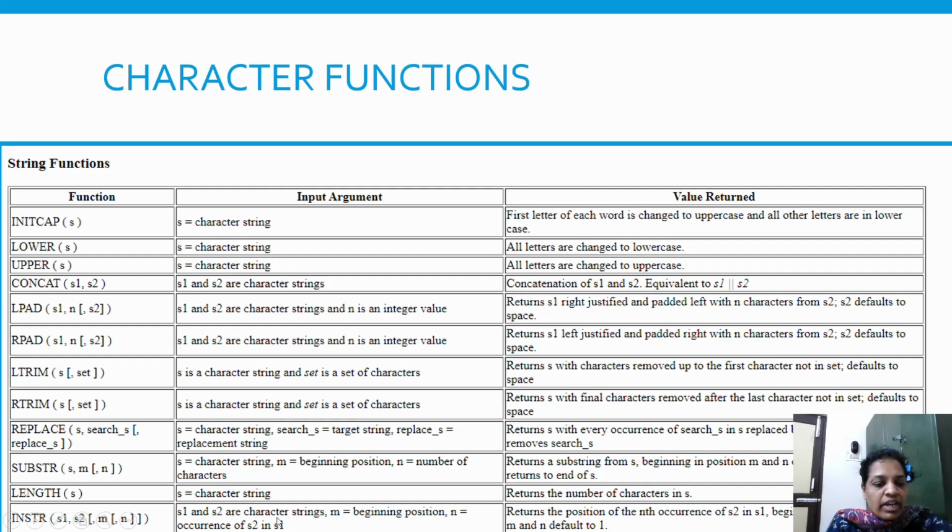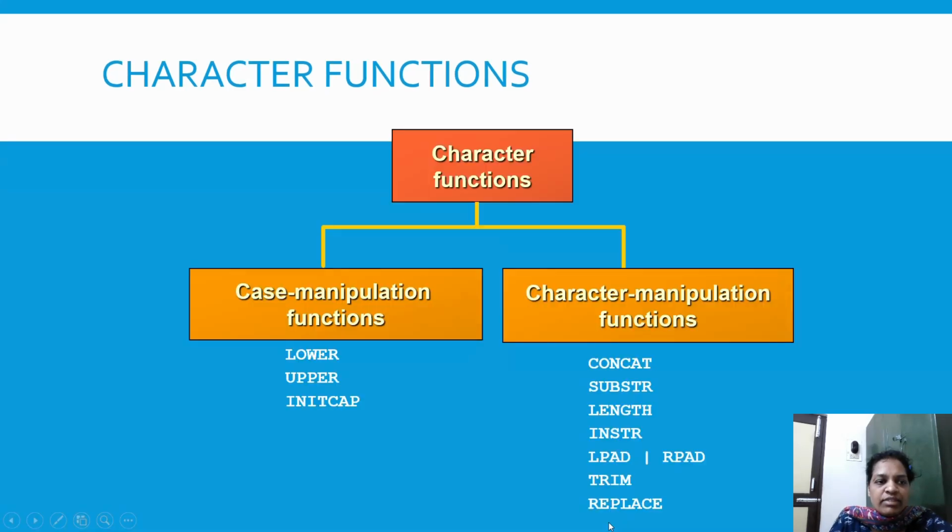It returns the position of the nth occurrence of S2 in S1, that is, how many times a particular string occurs in S1. Both M and N default to 1. So this is the character function.